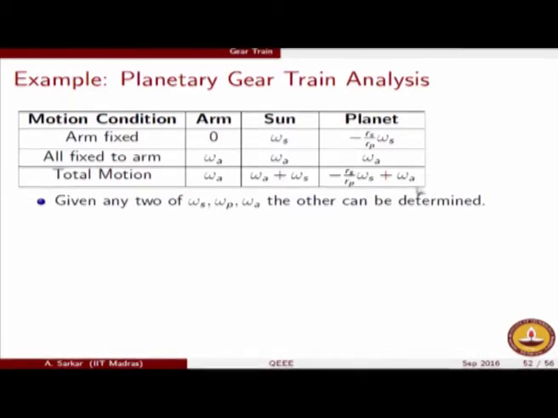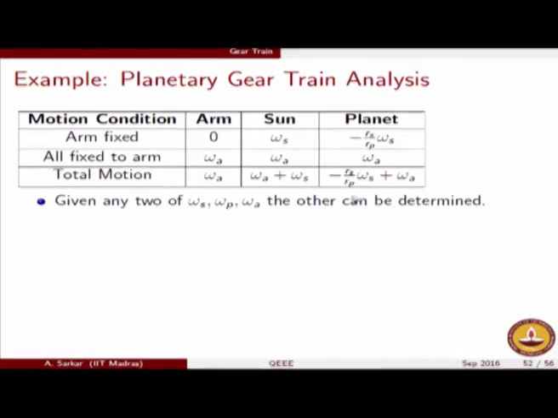So essentially what we see now is that this planetary gear train is actually a 2 degree of freedom system, which means that you need two inputs to be specified to get a fixed output. If, for example, the arm and sun motion are known, then we get the planet motion.